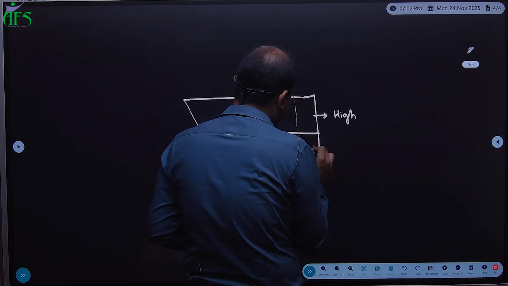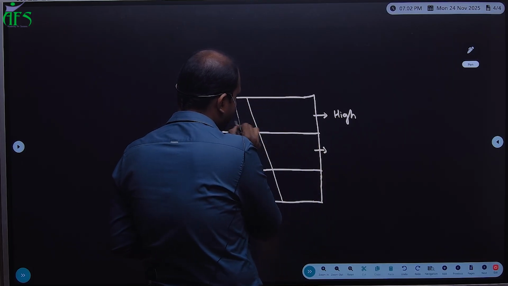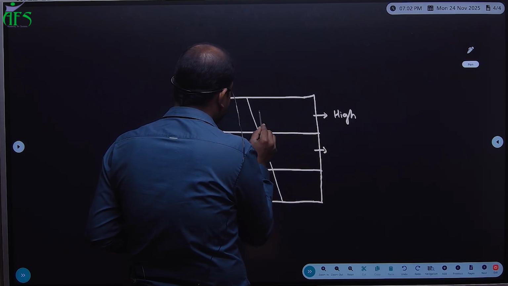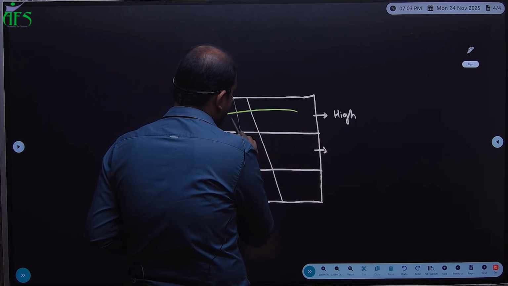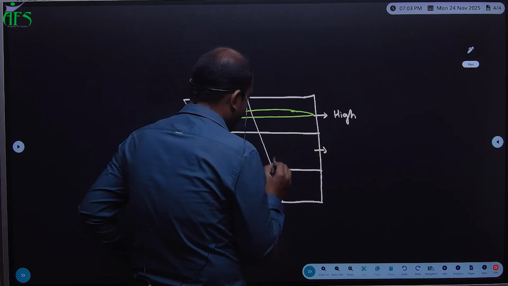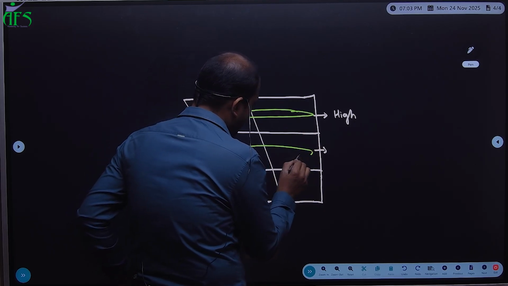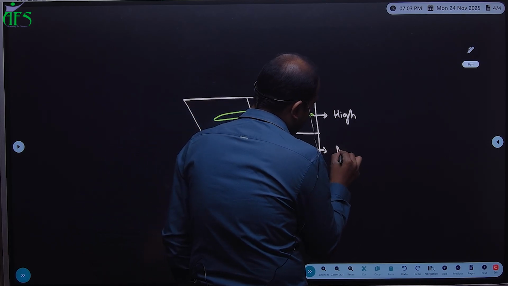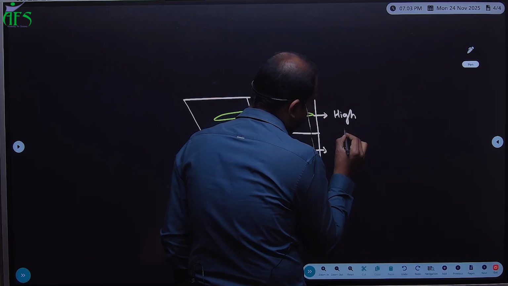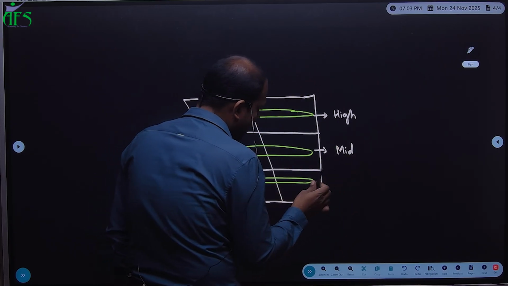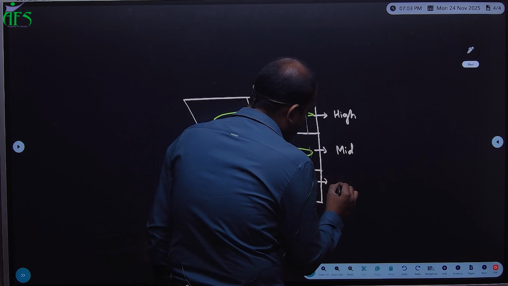This entire part will be high. This entire part will be mid. And this entire part will be low, right? Horizontal.